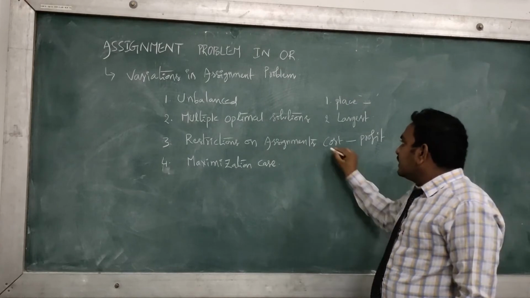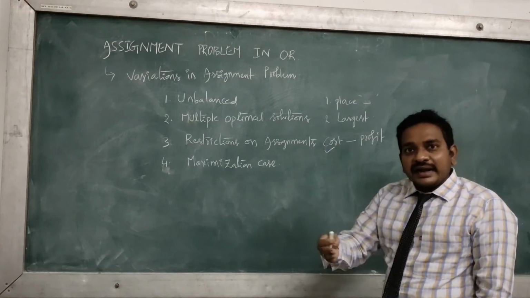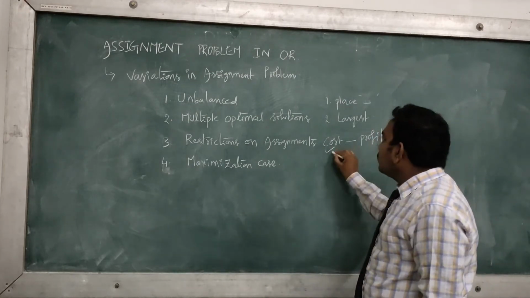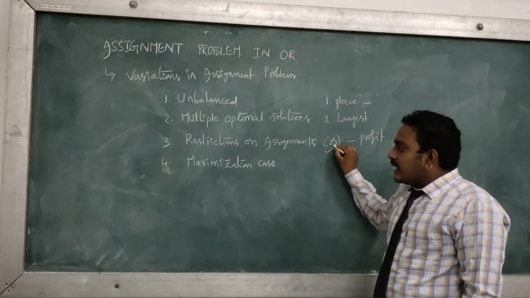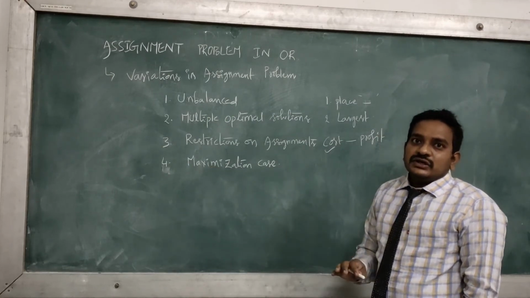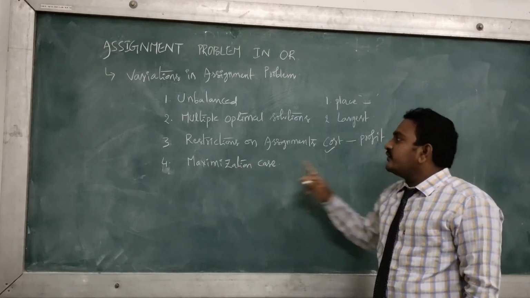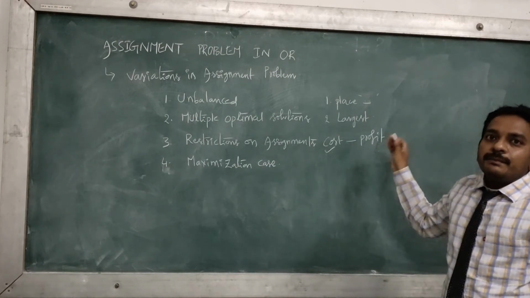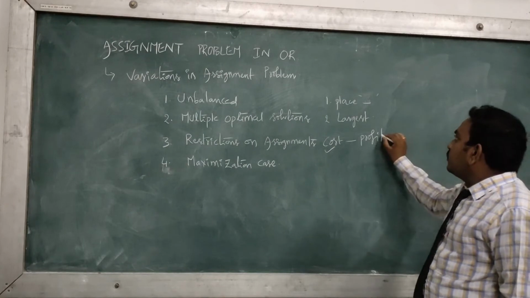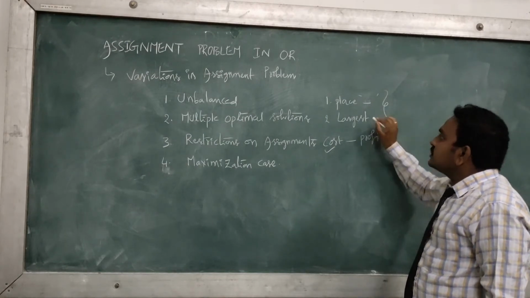Initially, we are given a cost matrix, a payoff matrix. By subtracting row minimum and column minimum, we reduce the cost matrix. We can't maximize the cost; we have to minimize the cost. So in the maximization case, we have to convert that table into a profit payoff matrix. How do we convert that? By any one of these two.